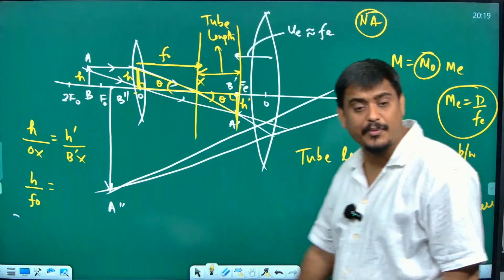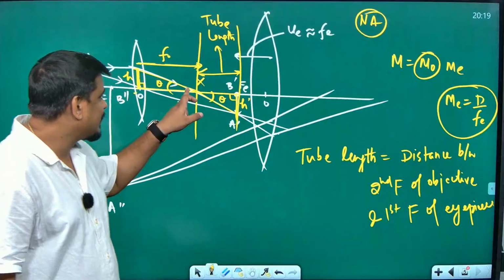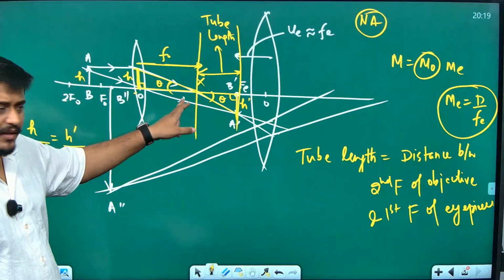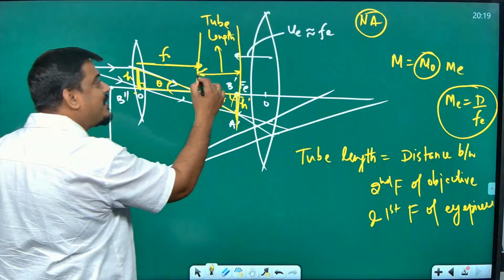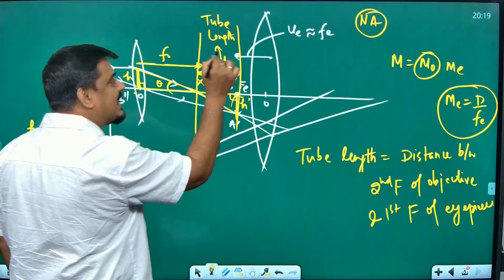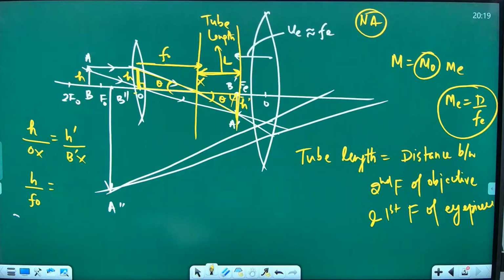Is it clear to you? This is the second focus of objective, and this is the first focus of eyepiece. The distance between them only they are calling as L in the NCERT book. So this will become h dash by L. Are you getting how it came?